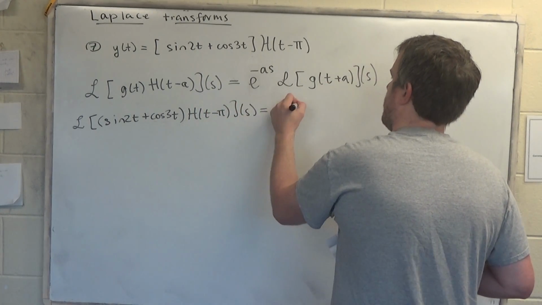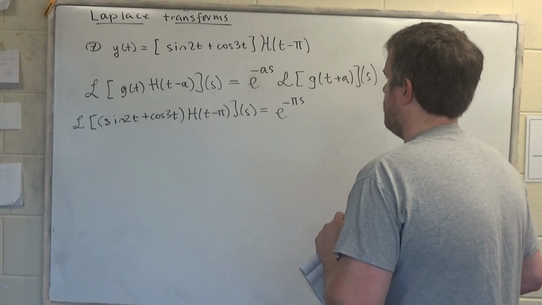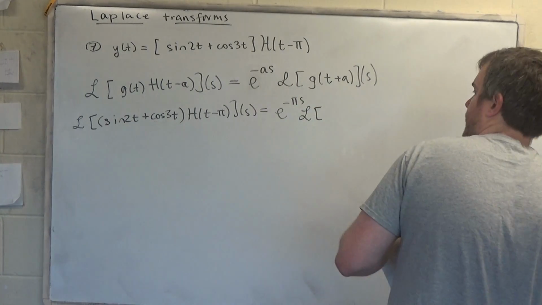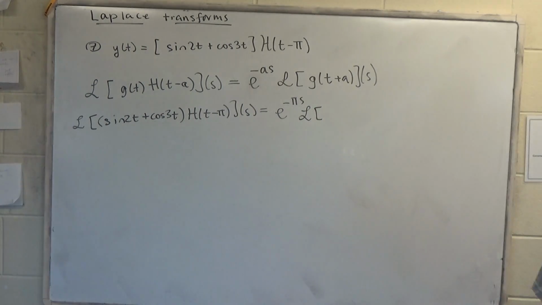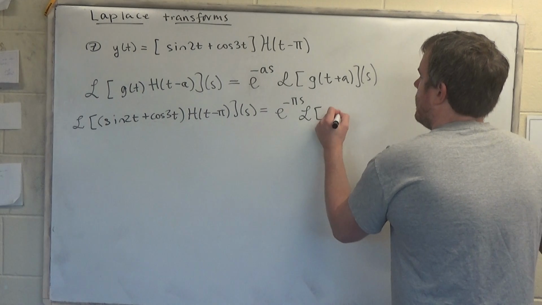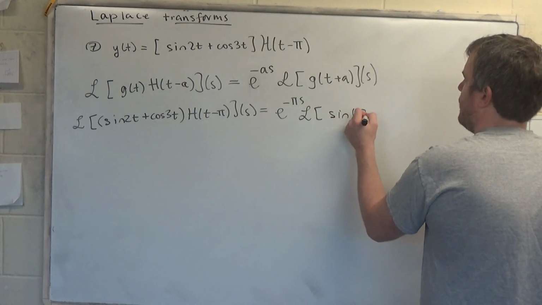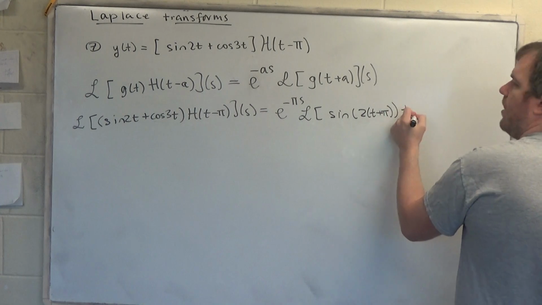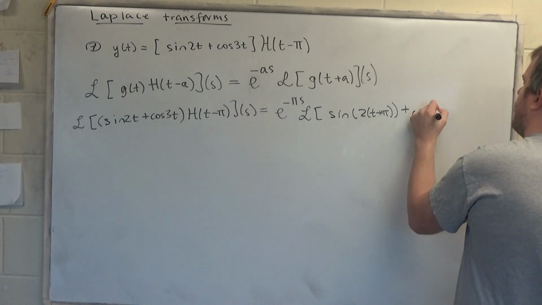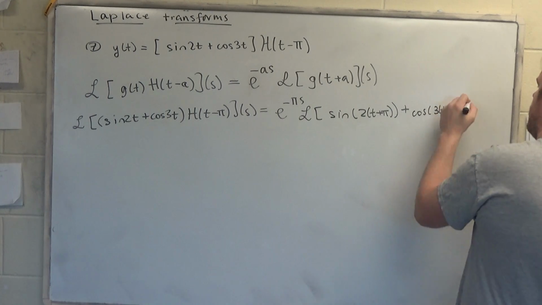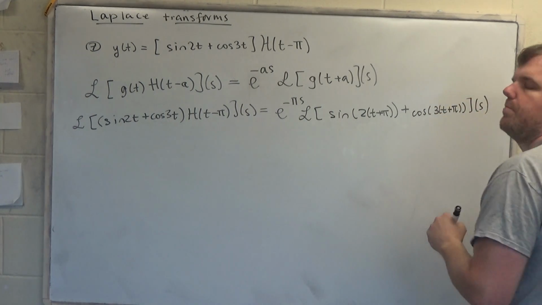is e to the negative pi s, that part's not too big of a deal, times the Laplace transform of sine of 2t plus pi plus cosine of 3t plus pi, evaluated at s.